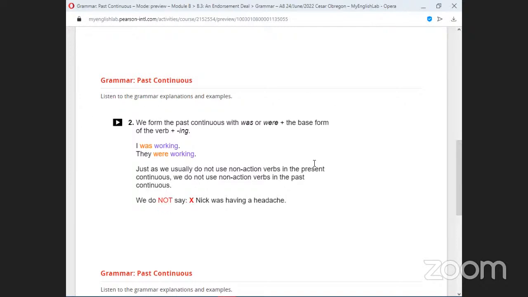Okay. So maybe we're confusing it with the present continuous. Just as we usually do not use non-action verbs in the present continuous, we do not use non-action verbs in the past continuous. Now, when we talk about the past, we always use was or were.